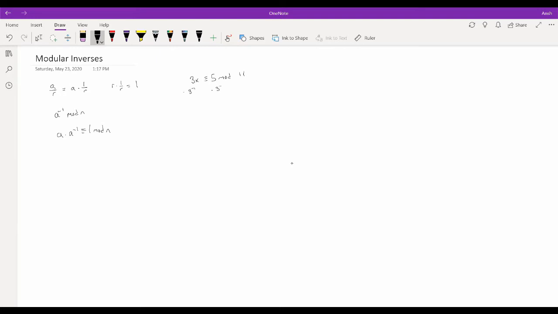The modular inverse of 3 would be 4, because 3 times 4 is 12, which is just 1 mod 11. So we multiply everything by 4. This gives us 12x equals 20 mod 11, which is the same as saying x equals 20 mod 11, which is x equals 9 mod 11.